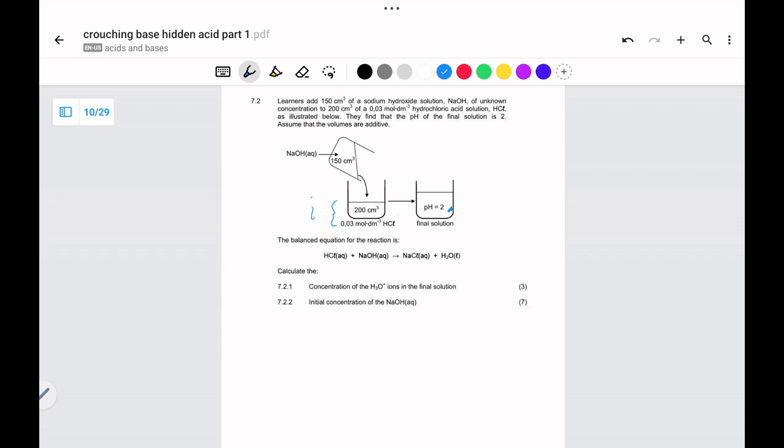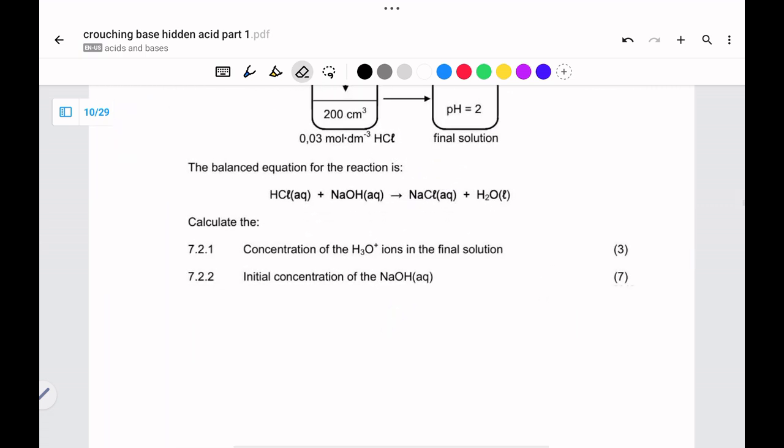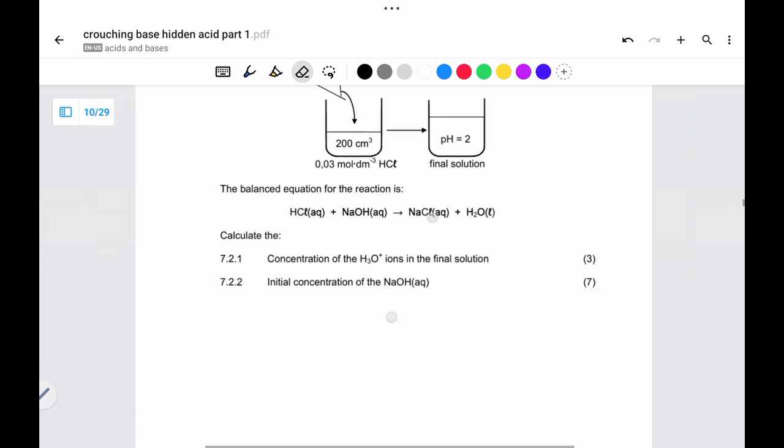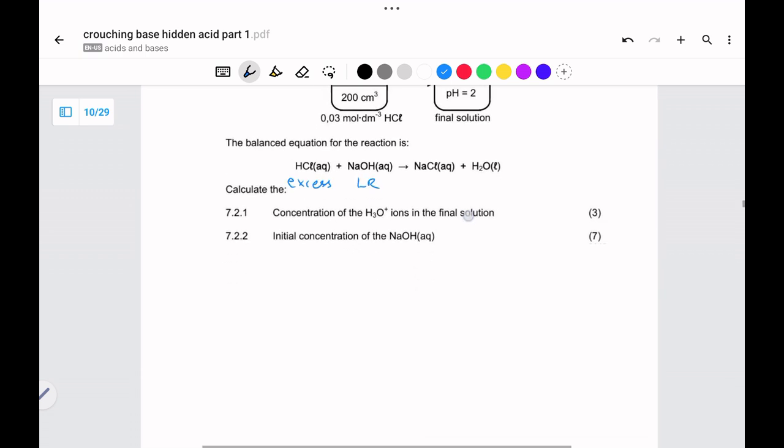It's what tells us about the final state of the solution. And recall that they said the volumes are additive. So from the pH we can get a concentration. Together with the volume we can get a number of moles. So again, this is in excess. And this is the limiting reagent.